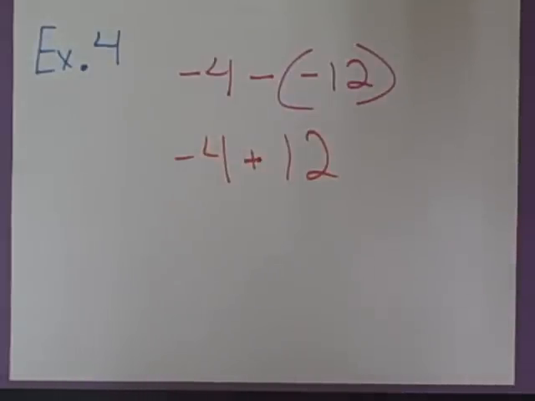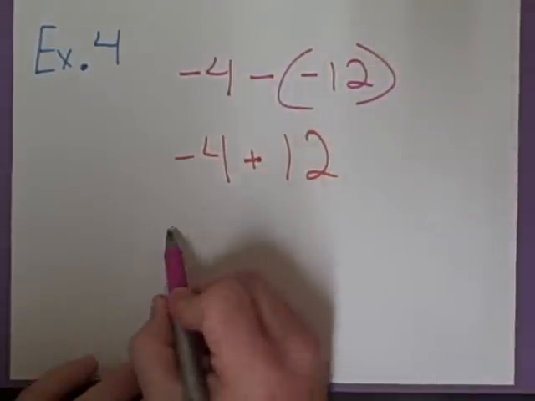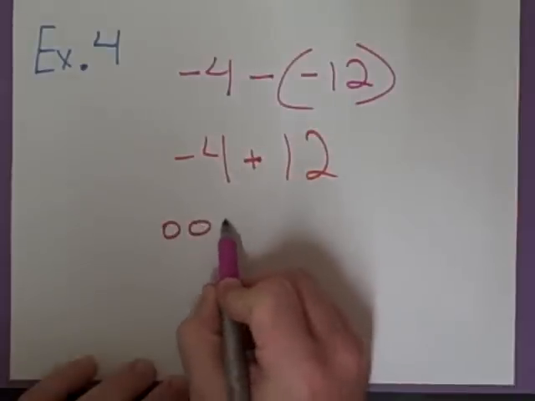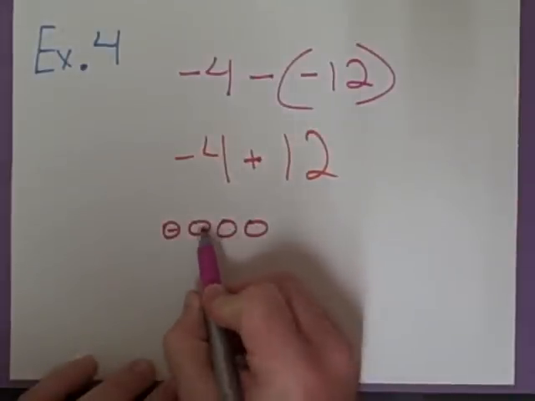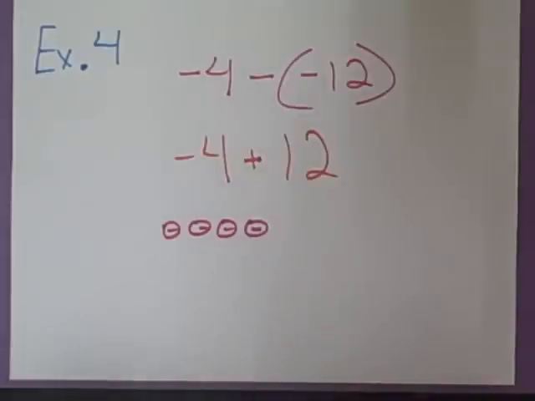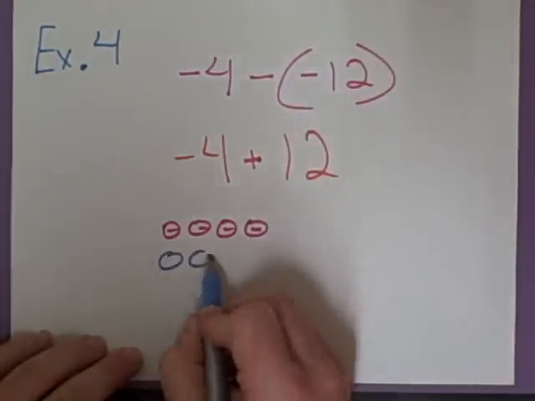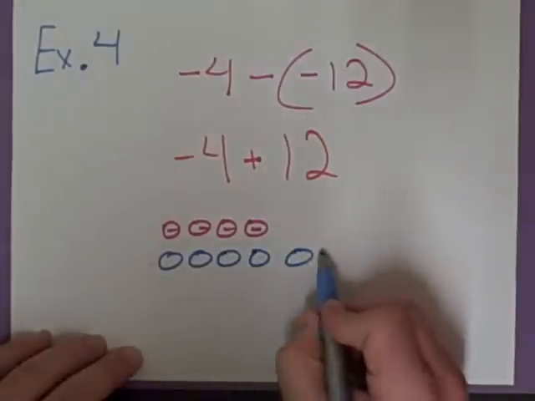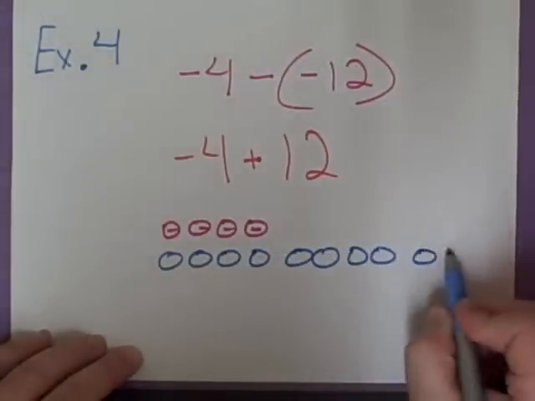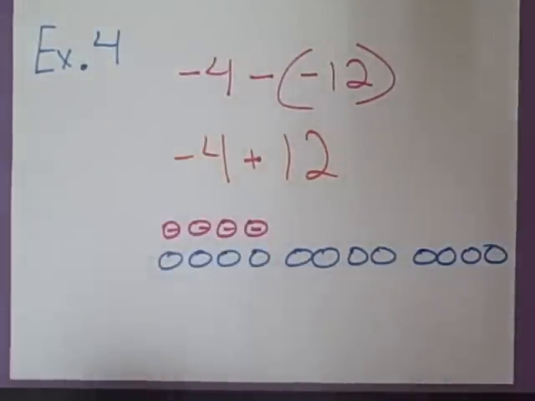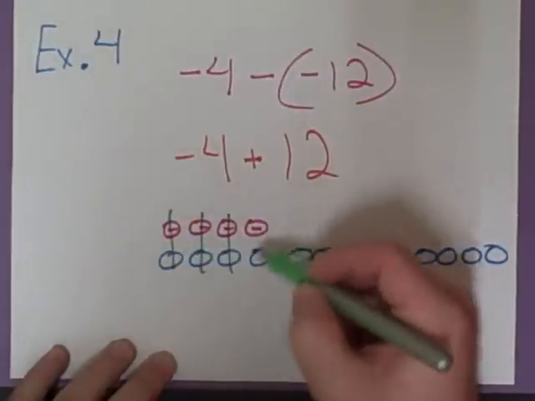We have 4 negatives. We'll call these our negatives. And we have 12 positives. And of course, these negatives and positives cancel each other out.